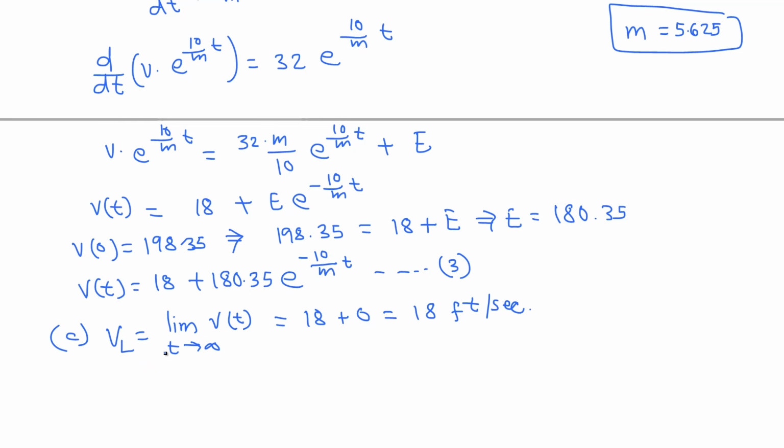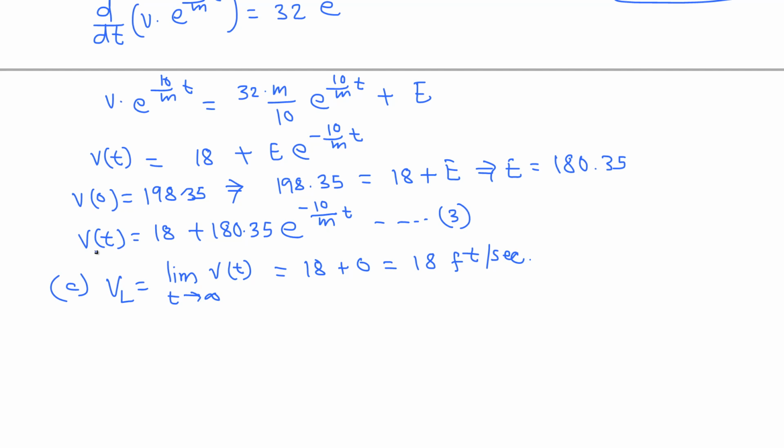To answer the last question, now we integrate equation 3, and that gives us the position or the height. So integrating 3, we get the position equals 18t, and when you integrate this, you get negative 101.45 e raised to negative 10 over m t plus some constant of integration f.